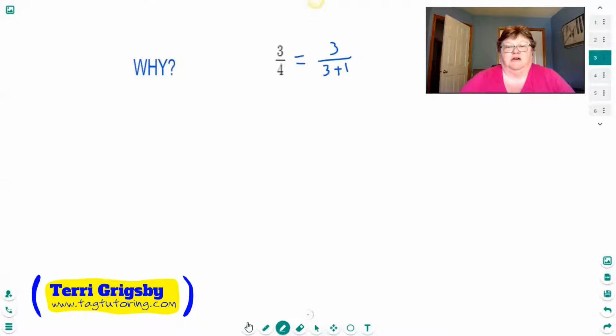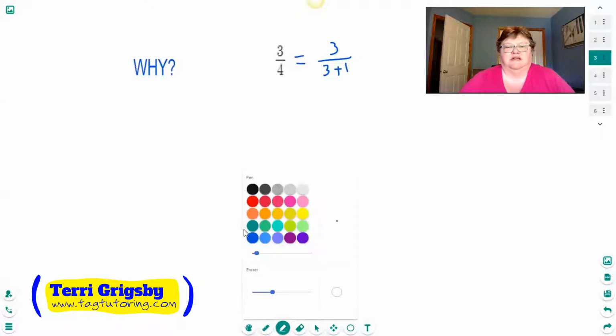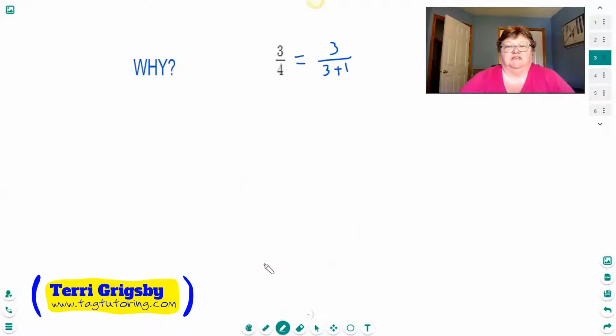Okay, so now that I have this done, I'm going to cancel like we canceled on that other page. So, okay, well, I see a 3 top to bottom. Boom, it's out of there. And what's left over? We get 1 over 1. So it must equal 1, right? Oh, yes, that's great.